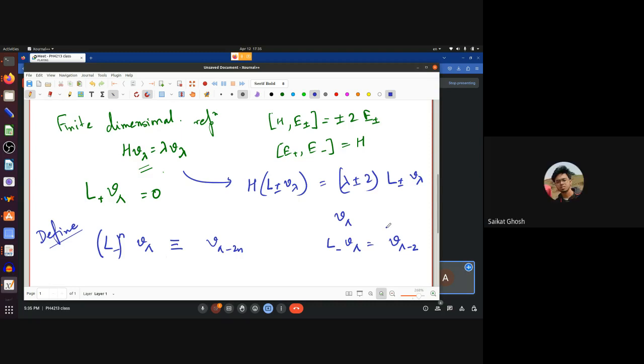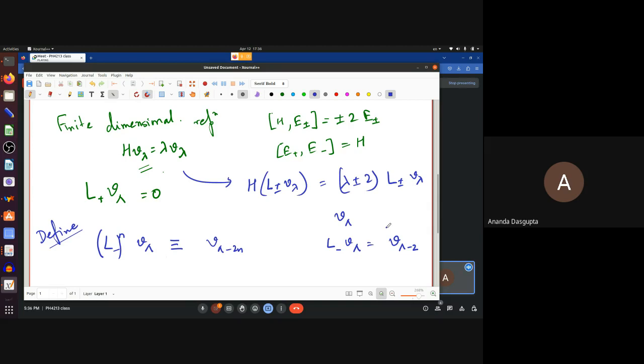Isn't it? Yes. But that factor which you use for j plus or for j minus, you use square root of j plus m into j minus m plus 1. These factors are there because you want to keep them normalized. I don't care about normalization right now, because first of all, I may be in a space where normalization doesn't even make sense. So what I will do is L minus V lambda is a vector corresponding to eigenvalue lambda minus 2.